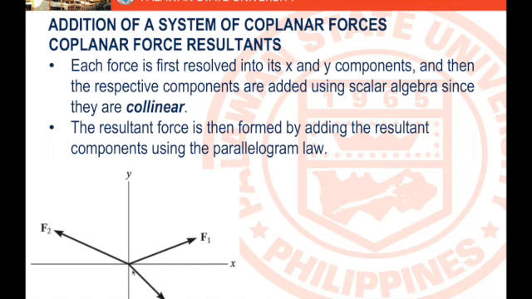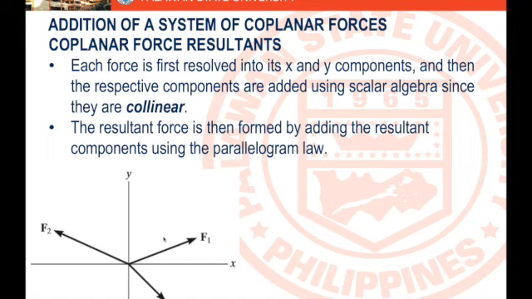If we get the component of F1 in the x, the component of F2 in the x, and the component of F3 in the x, we can add all the components going in the x-axis, because they are collinear. That is just scalar algebra. We can just add or subtract the magnitude of these forces, since they are in the same line. Same goes for our y-axis.